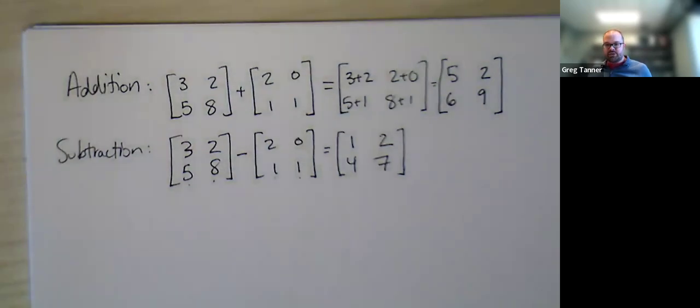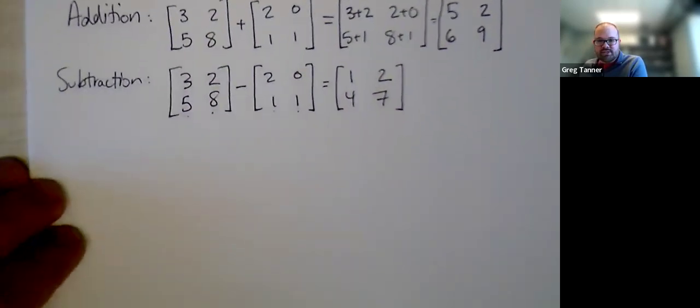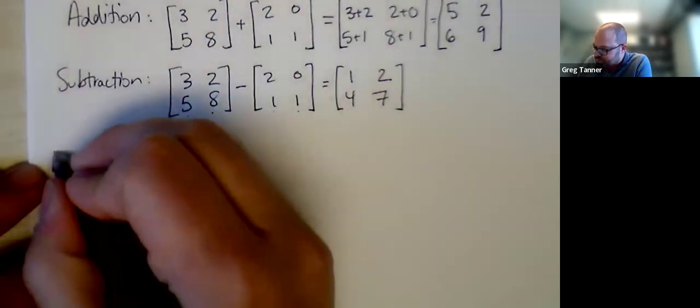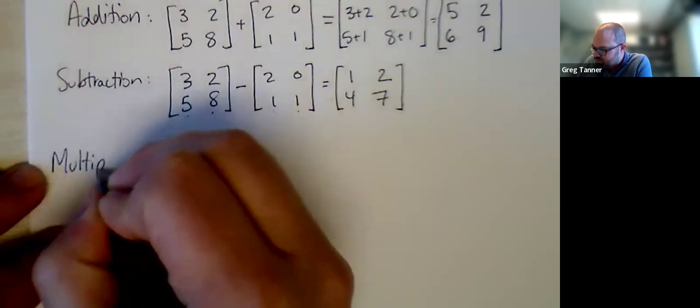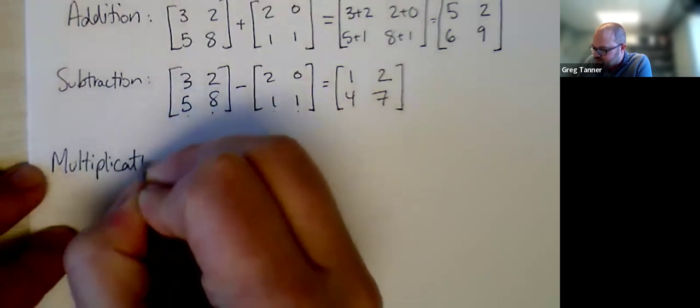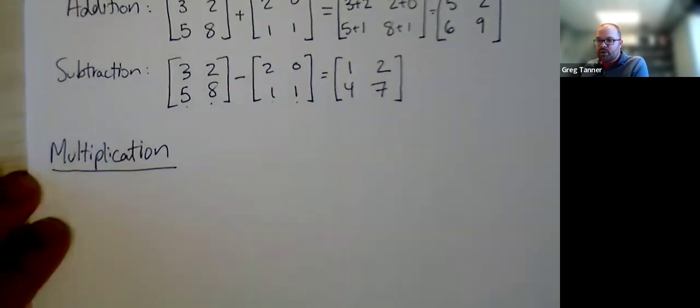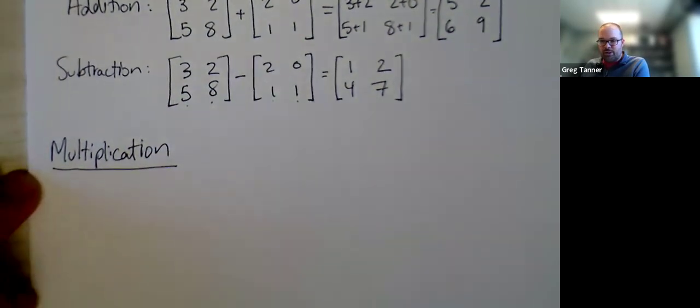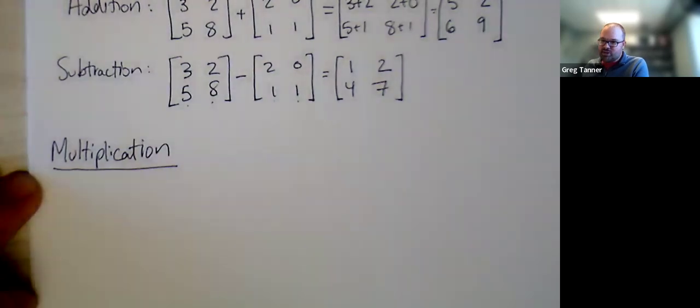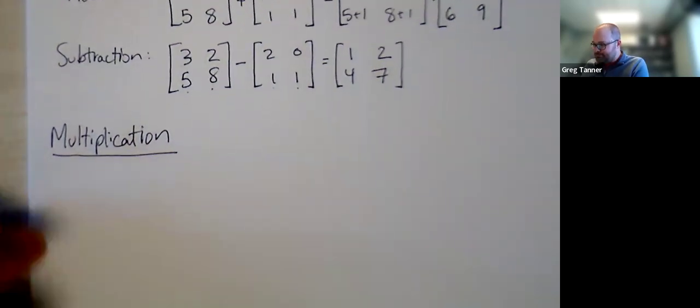So addition and subtraction work exactly as you'd like them to. The tricky operation when you're dealing with matrices is multiplication. Matrix multiplication is not element by element in the same way that addition and subtraction are.